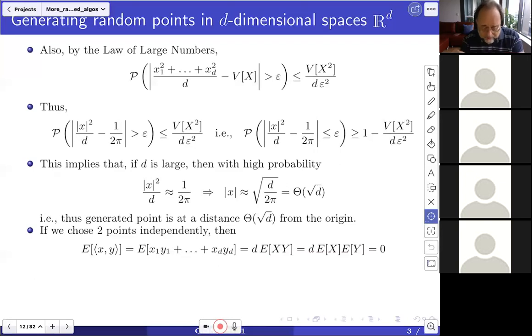If you draw 2 random vectors independently, in all likelihood, exactly what Yusuf says, the probability that they are orthogonal is the highest. So in all likelihood, they will be either almost orthogonal or orthogonal. What does it mean, almost orthogonal? It means that their scalar product is small. So in all likelihood, they will be at an angle of 90 degrees, amazingly enough, even though they are randomly generated.